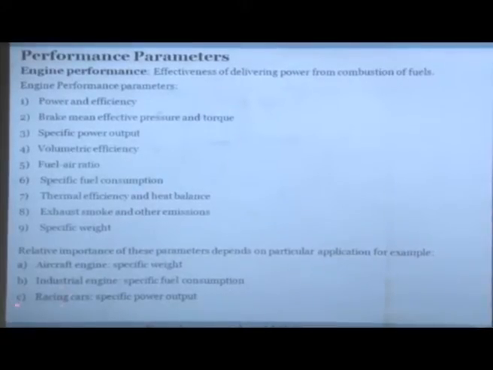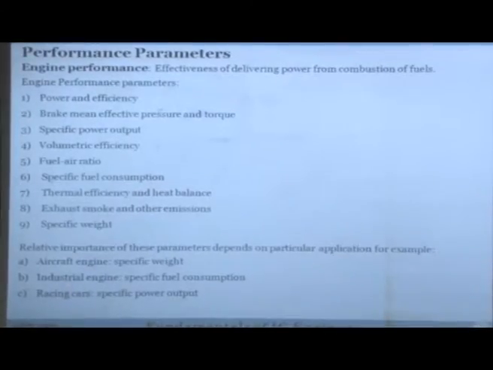For example, in racing cars, specific power output is extremely important. How much power you can extract per liter swept volume of the engine, right? So that specific power becomes extremely important. As I said, the relative importance of these parameters will depend on what application you have for your particular engine.